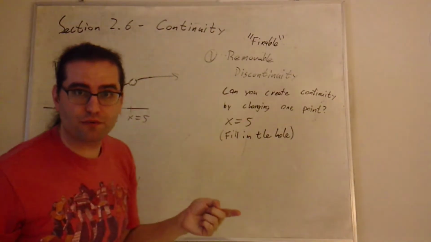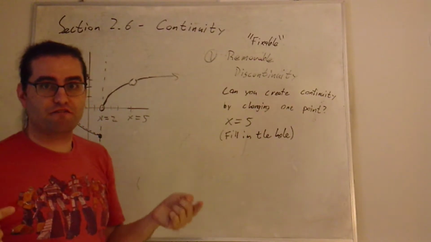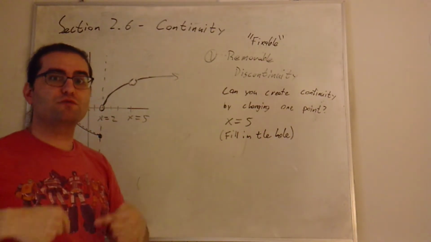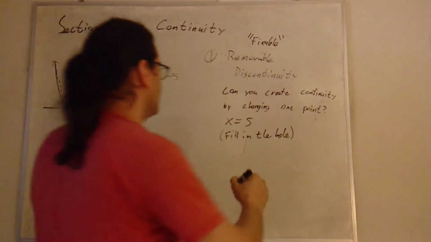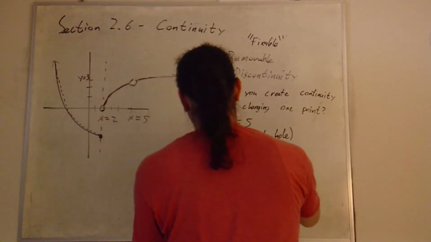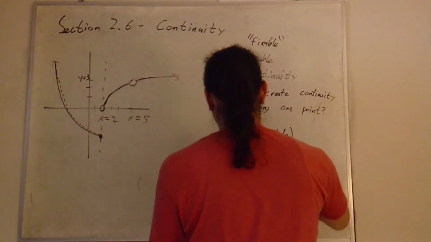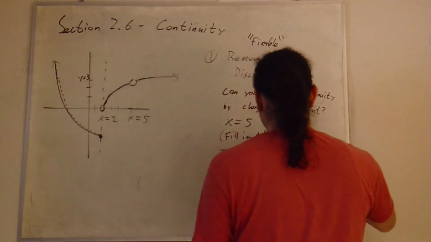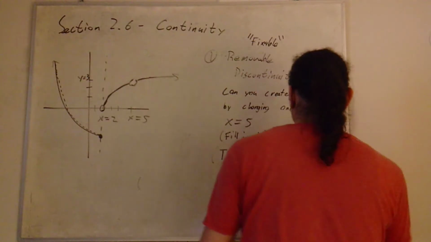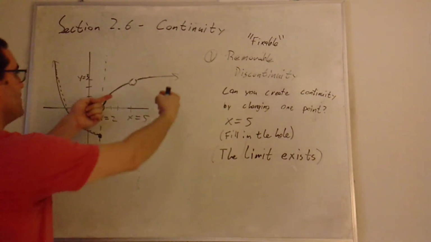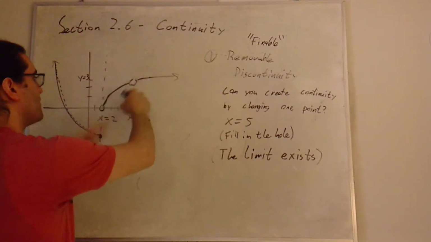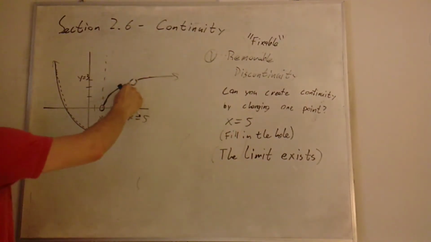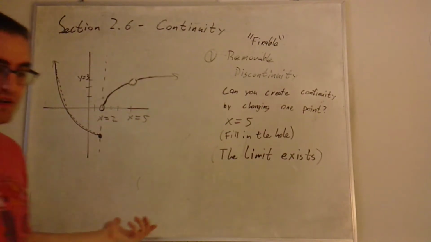Hopefully, at this point, we all recognize that language very clearly as the language of limits. So essentially what this means is the limit exists. If we have a limit, then we could make the function value equal to that limit, and then we would be all set.